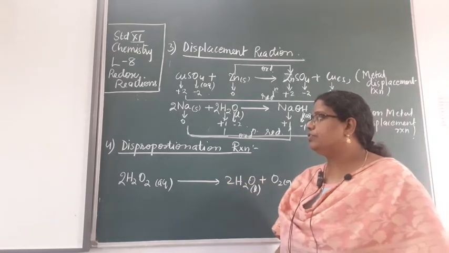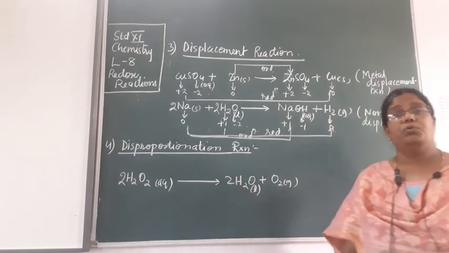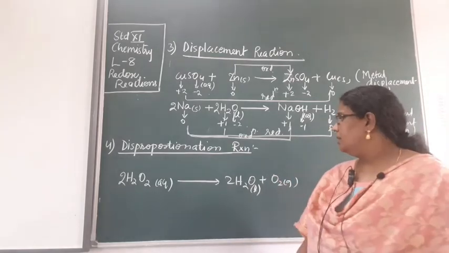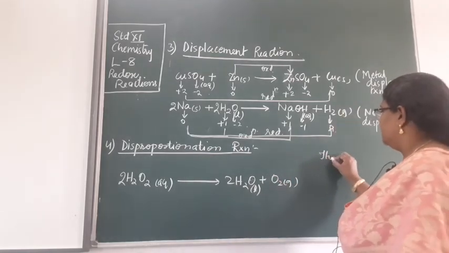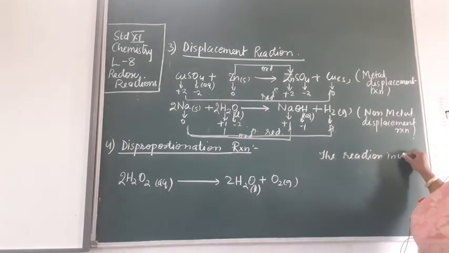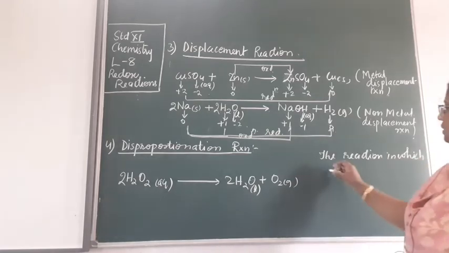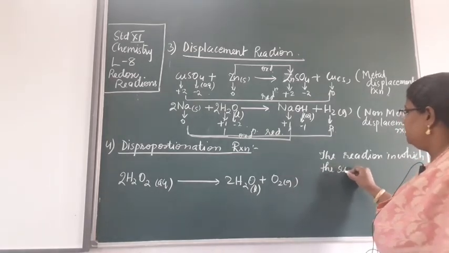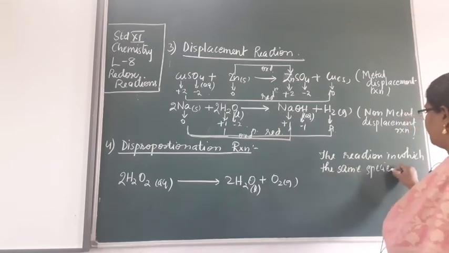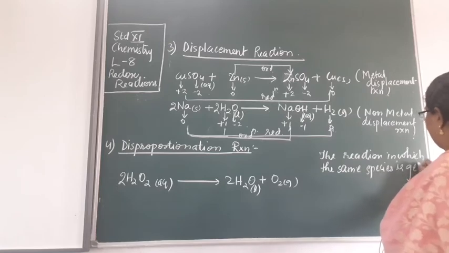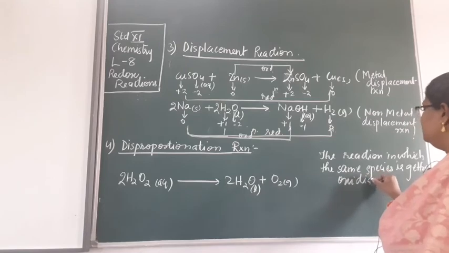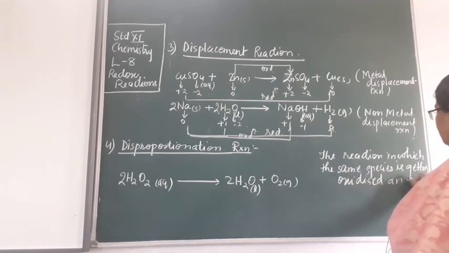Then coming to the fourth one, which is called as disproportionation reaction. Disproportionation reactions, you can define it in this way: the reaction in which the same species is getting oxidized and reduced.